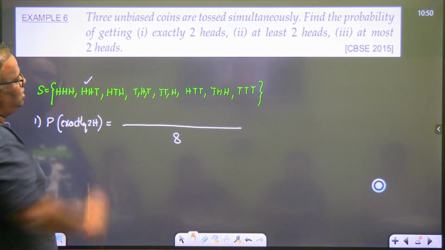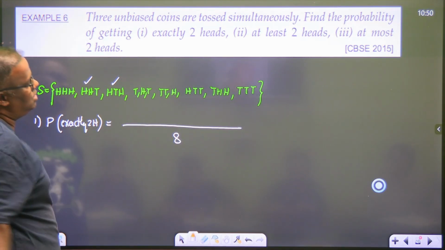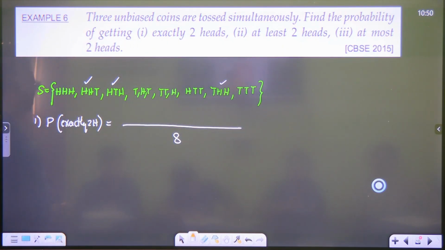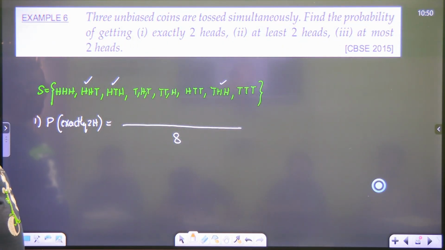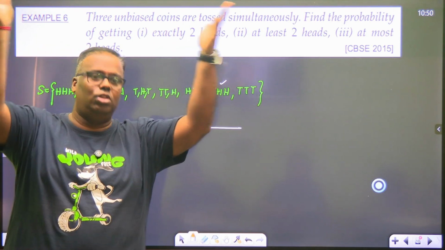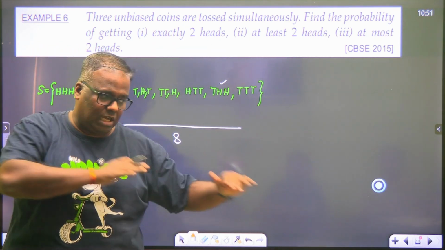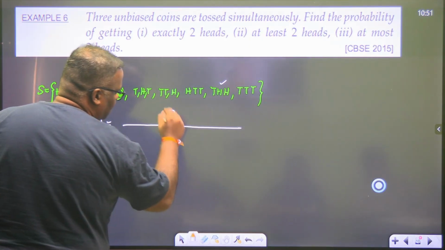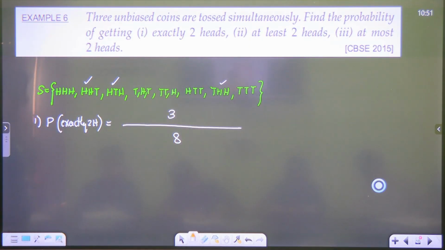This one qualifies, this one qualifies, this one qualifies. I don't think any other qualifies. Did you understand this experiment? It's like this: 3 coins are tossed and all 3 fall on the floor. Exactly 2 heads. So our answer will be how much? 3 by 8. Clear?